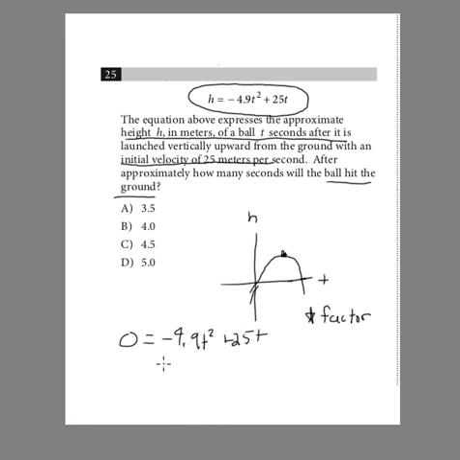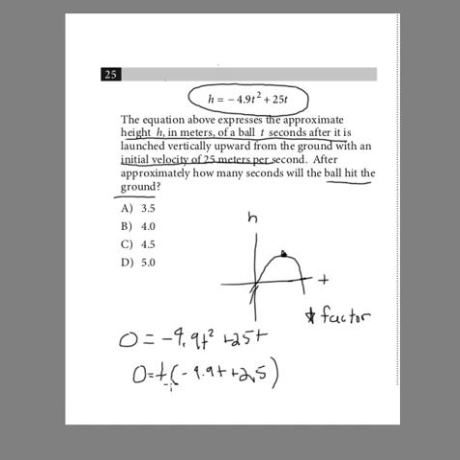So we can bring it outside our little parentheses. We have t times negative 4.9 t plus 25 is equal to 0. This is basically the same thing as up here, except we just took out a t.